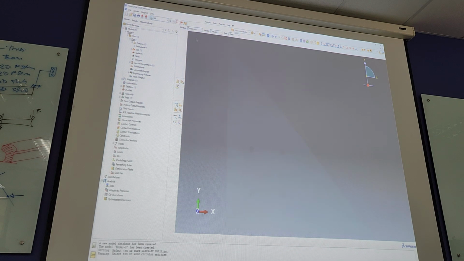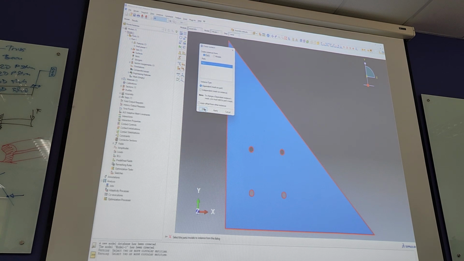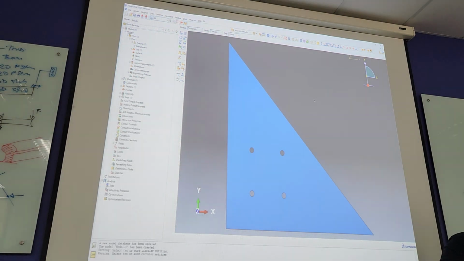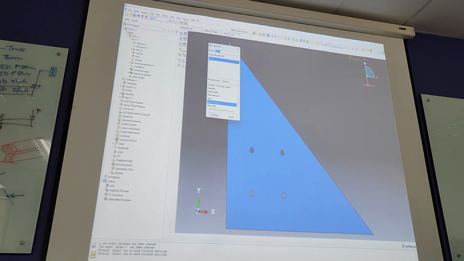Now we go to assembly. You bring it in. Okay. Now, we can go and create a step. Again, it's linear perturbation.